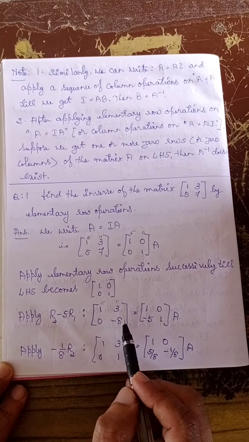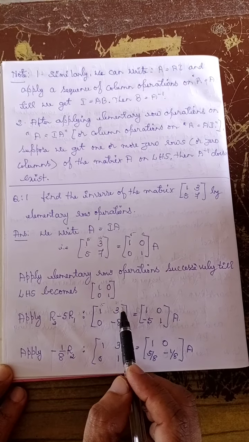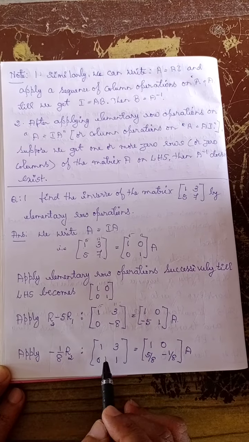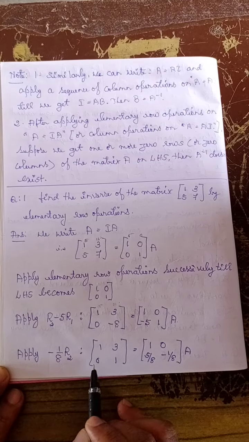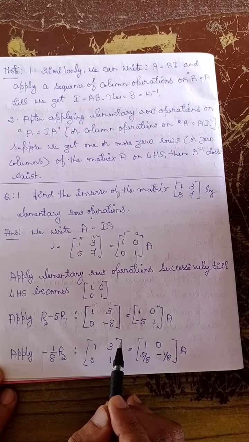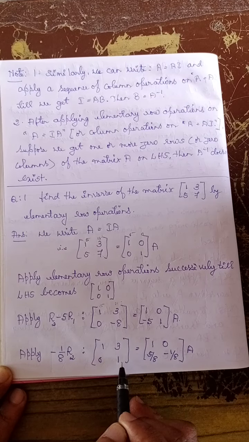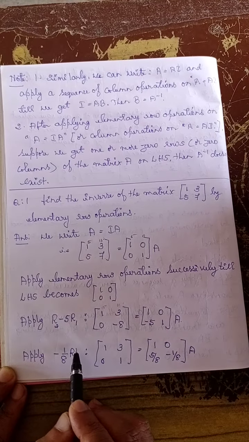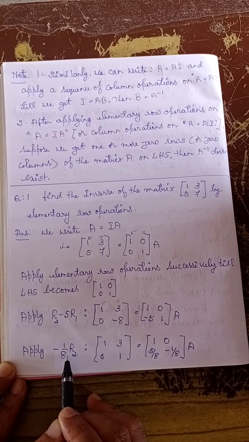Now our intention is to convert the first matrix, this matrix A on the left hand side, into the identity matrix 1, 0, 0, 1. Therefore we make the non-diagonal elements 0 and the diagonal elements equal to 1, or unity. That is, now we multiply the second row by minus 1 by 8.